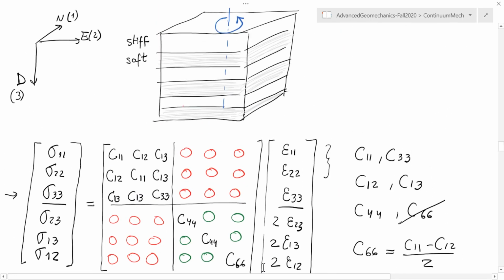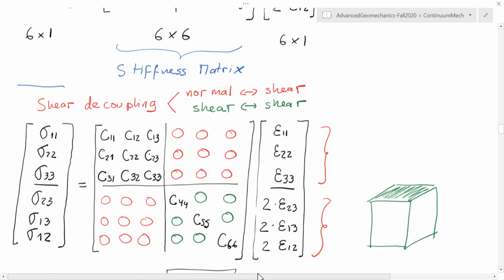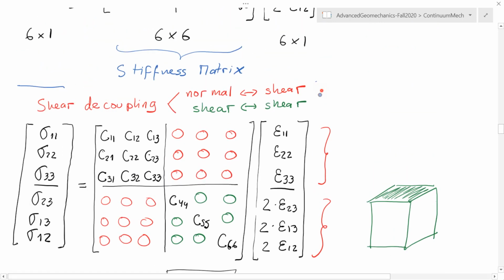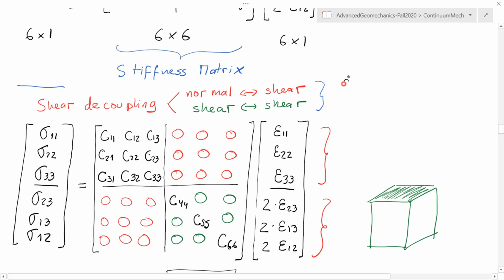And later, when we talk about plasticity, we're also going to see that sometimes the shear decoupling rule does not apply, and we're going to see some exceptions where a shear strain can actually cause a normal stress or a normal strain. But for now, we're just going to keep it here.